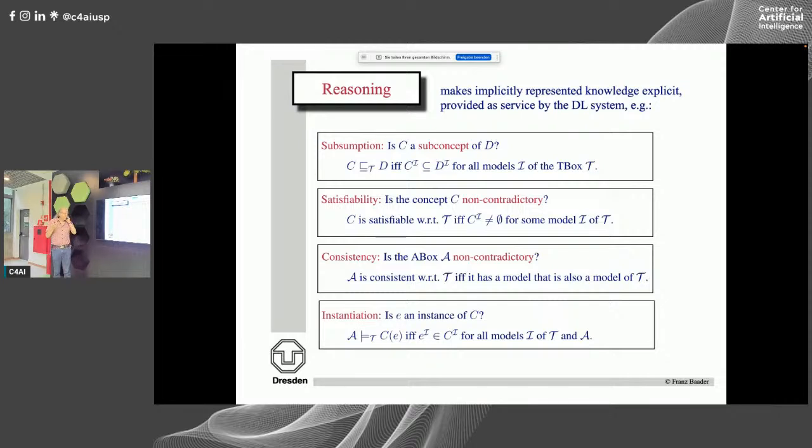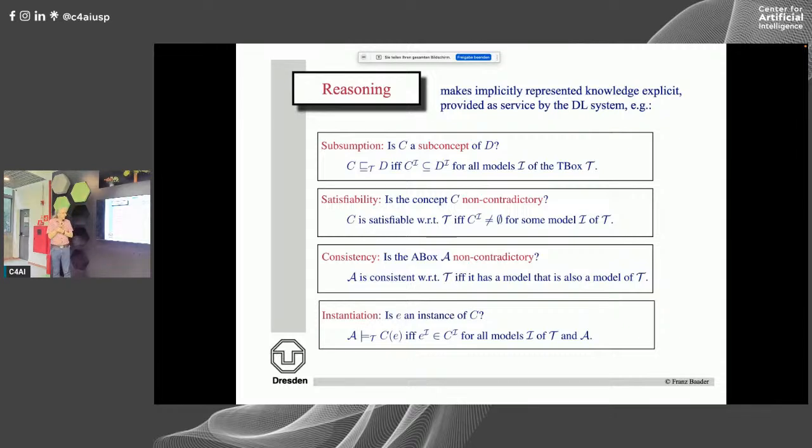So we say that the A-box A entails with respect to the T-box T that E belongs to C if, again, this is true in all models of A and of T. And so these are just the general instantiation of the general thing: something follows if it holds in all models.